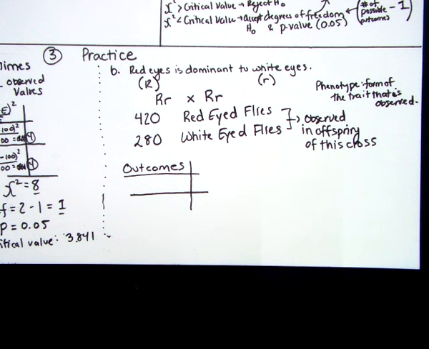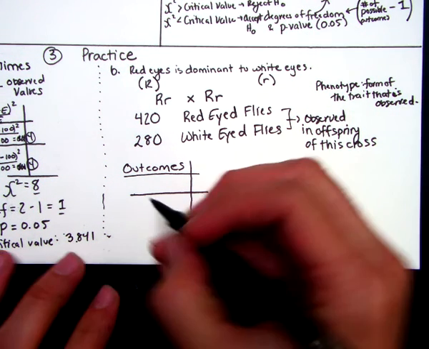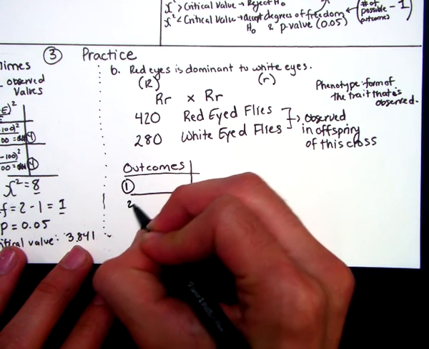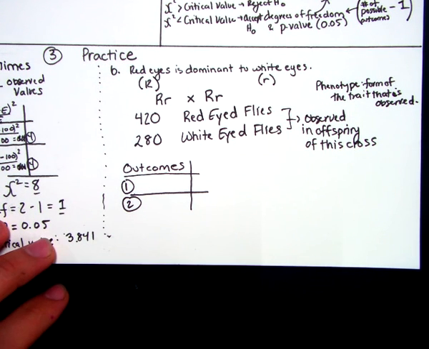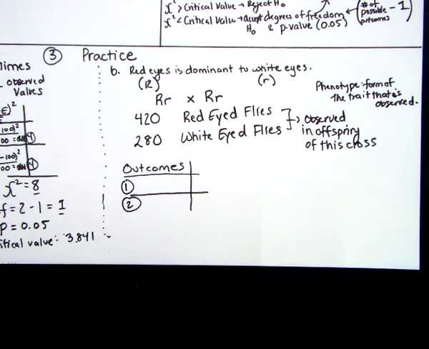Where are you getting 1,200? 700. So you're referring to how many flies? 2. 2, 700, or 1,200? 2. Okay, yeah, 2. You got it. All right. 2 outcomes.